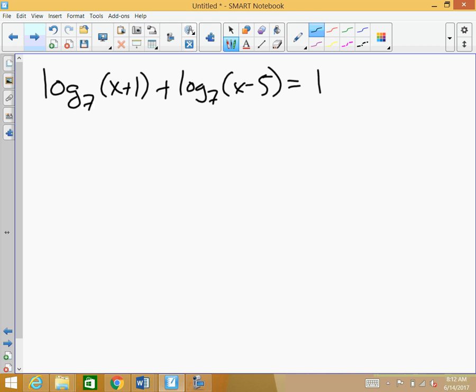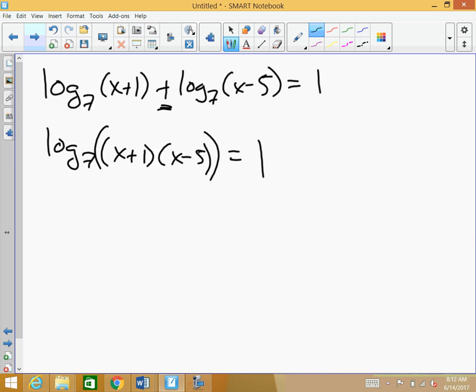So use my product rule right away. If you see an addition or subtraction, you're going to use your quotient law or you're going to use your product law. So here, addition, product law. So now I have log_7 of (x plus 1)(x minus 5). So now I have this kind of quadratic in here. And this is all equal to 1.